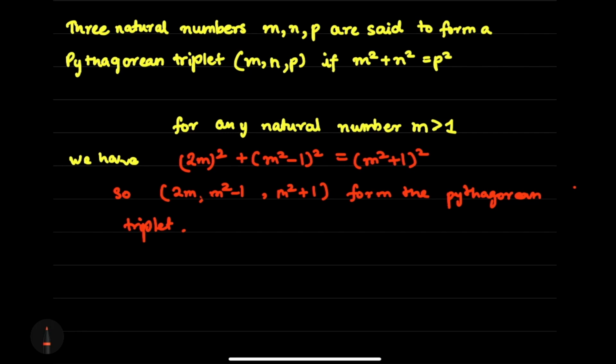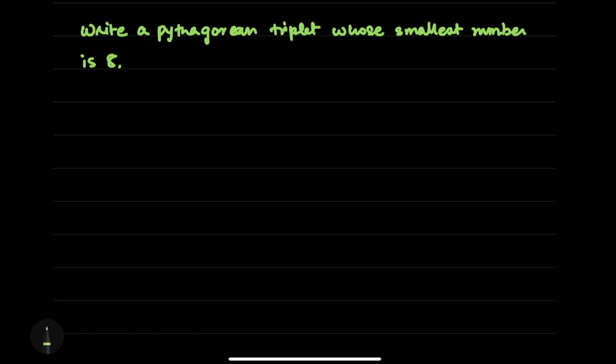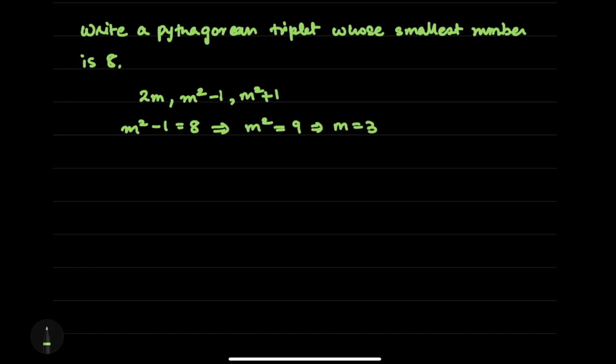The type of question that might come from this would be: write a Pythagorean triplet whose smallest number is 8. We know that the Pythagorean triplet is 2m, m square minus 1 and m square plus 1. So let us first assume that m square minus 1 is 8, and then we will solve this to get m is equal to 3.